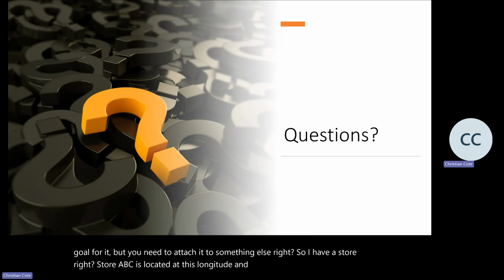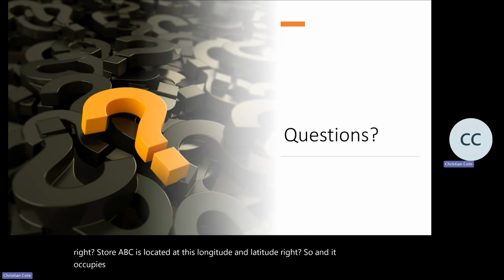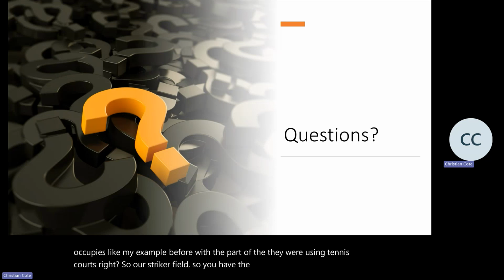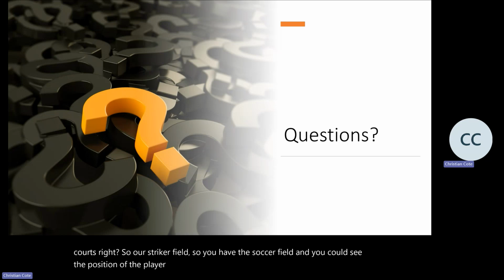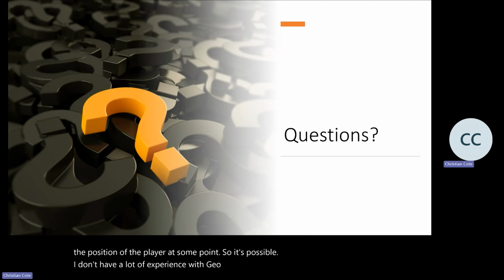As in the example I gave before with Power BI, they were using tennis courts, or a soccer field, and you could see the position of the player at some point. So it is possible, but I don't have a lot of experience with geolocation. I usually use it with maps. It would still be gold and silver maybe, but usually when you attach it to a structure, your warehouse.